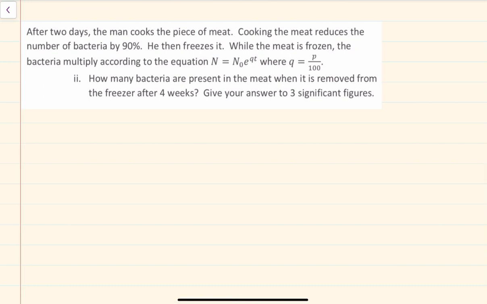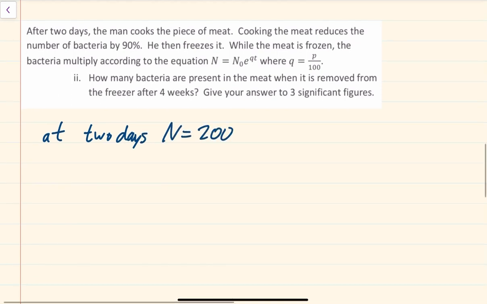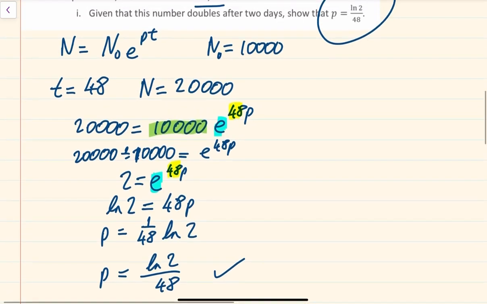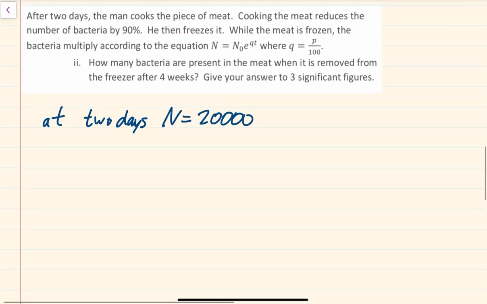Next bit says, after 2 days, the man cooks the piece of meat. Cooking the meat reduces the number of bacteria by 90%. Okay, so at 2 days, your N was equal to, was it 20,000? Let me just check that up above. It was equal to 20,000.